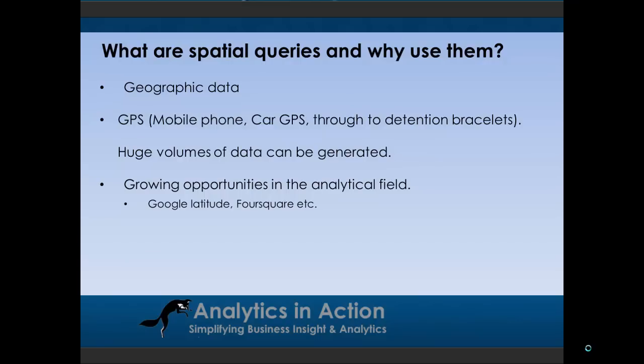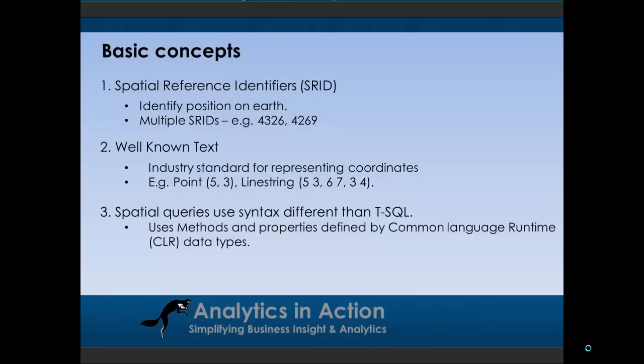So I'll just go on and talk about some of the basic concepts behind spatial queries. One of the key things is spatial reference identifiers. These are essentially a system which can be used to identify your position on Earth, and there's a whole lot of different SRIDs.